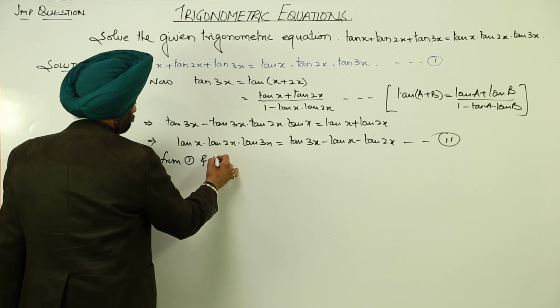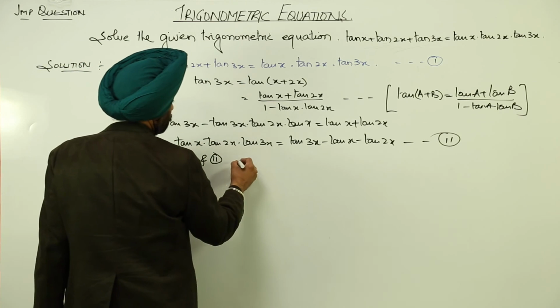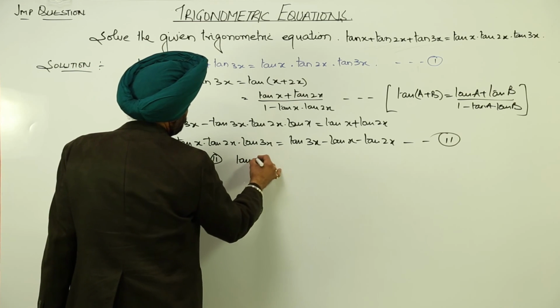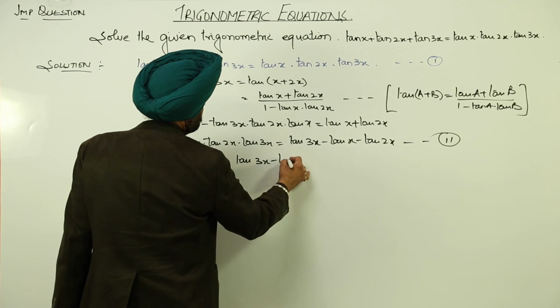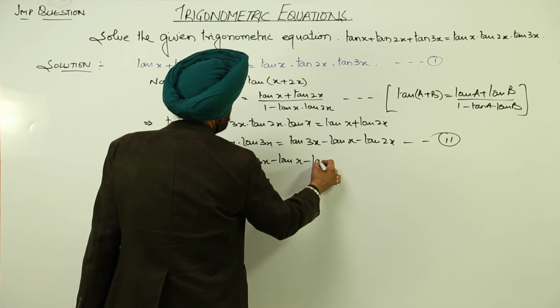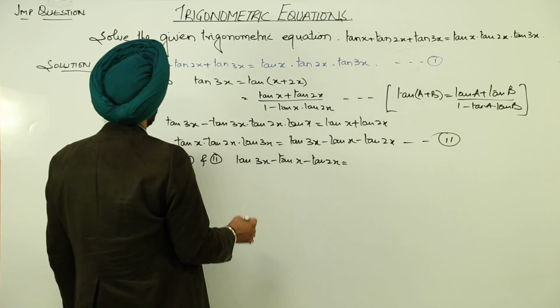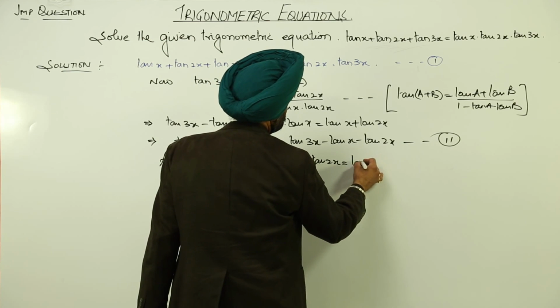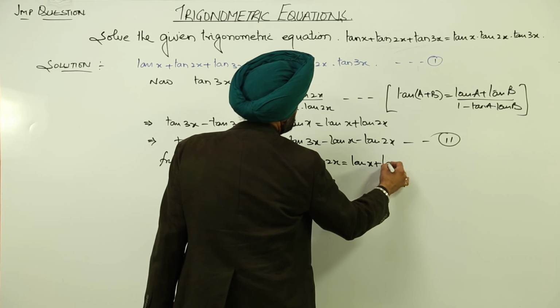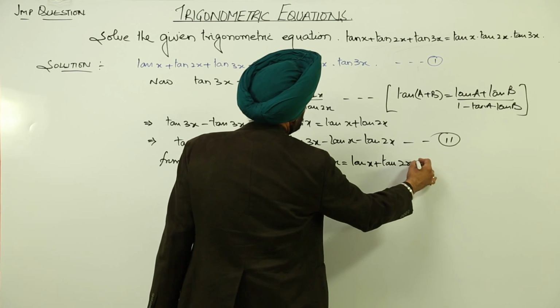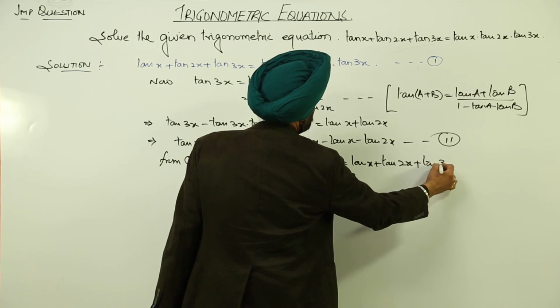Now from 1 and 2, tan 3x minus tan x tan 2x tan 3x is equal to tan x plus tan 2x plus tan 3x.